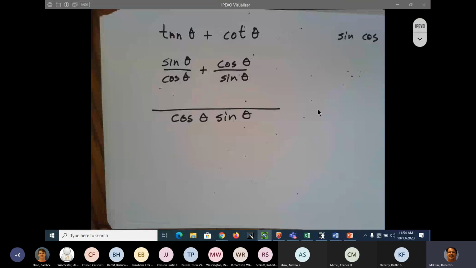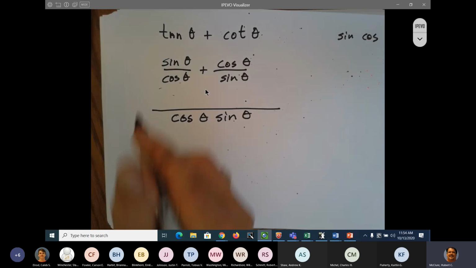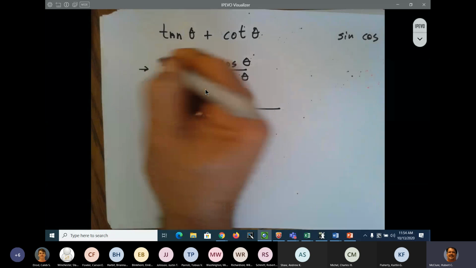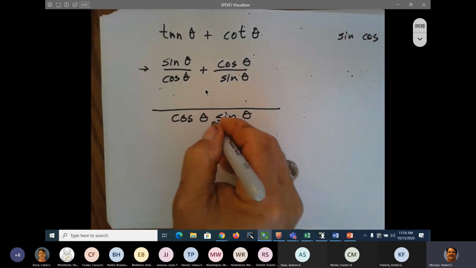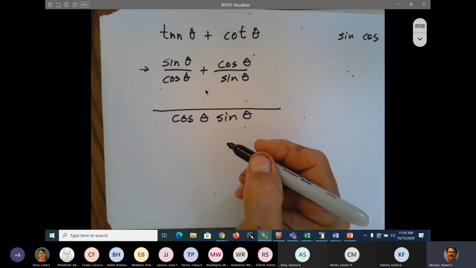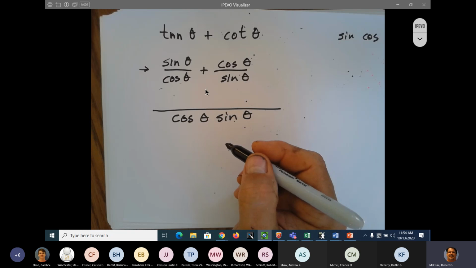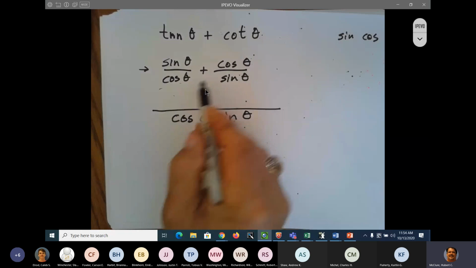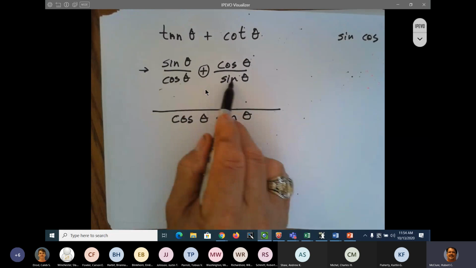Okay. So here, this is the only identity you're using. What I'm doing right now comes from 3rd, 4th, 5th grade mathematics, finding the common denominator. The common denominator, because we're adding, is cosine sine.